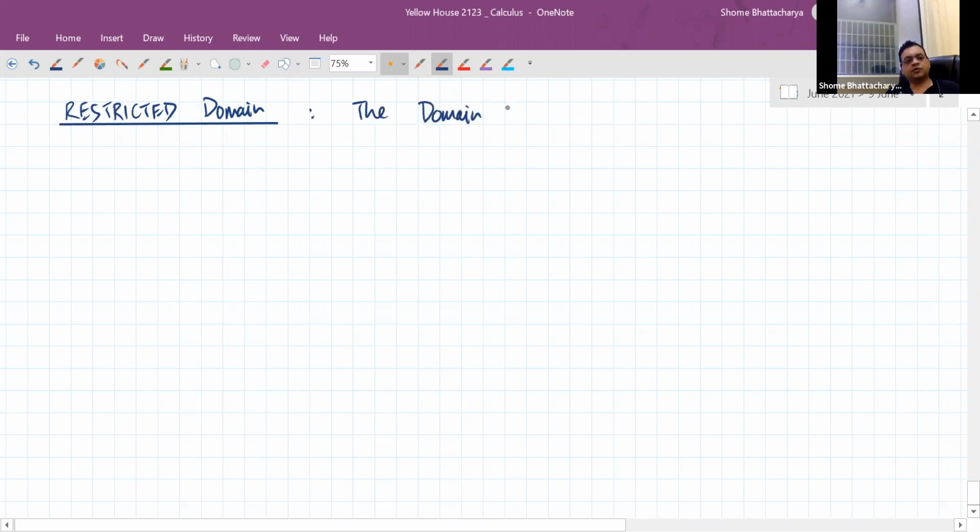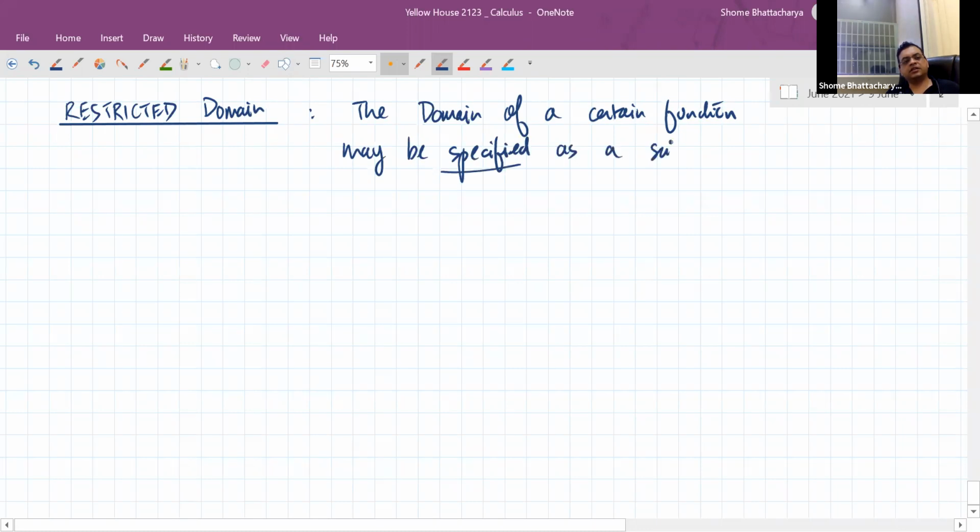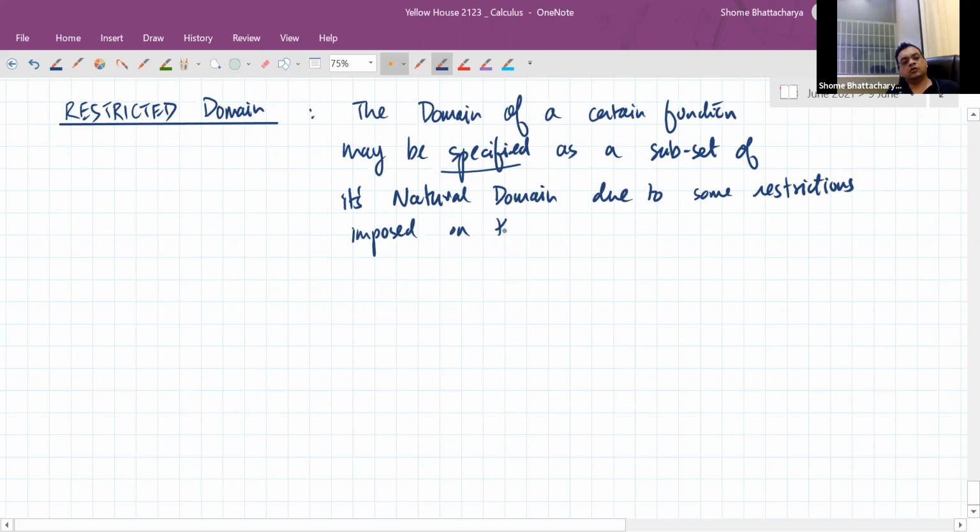So the domain of a certain function may be specified as a subset of its natural domain, due to some restrictions imposed on the physical quantities represented by the independent variable.